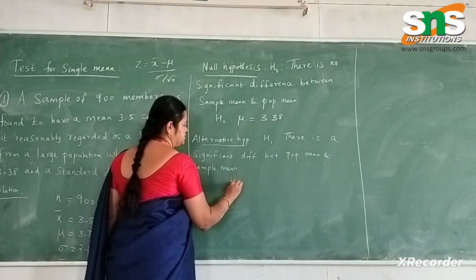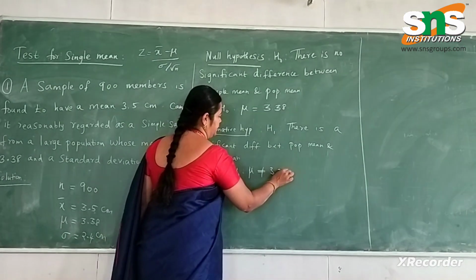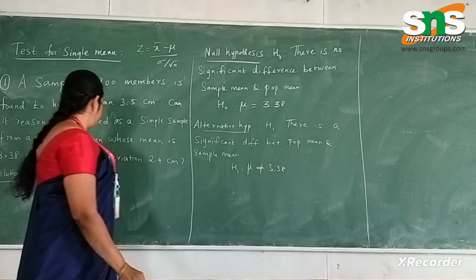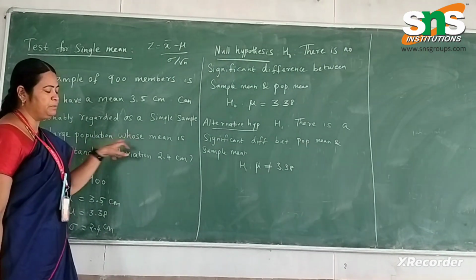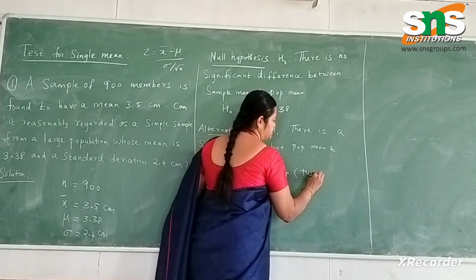So H1 is given by mu not equal to 3.38, because there is nothing else given in the question. So just simply take mu not equal to 3.38. So this is a two-tailed test.